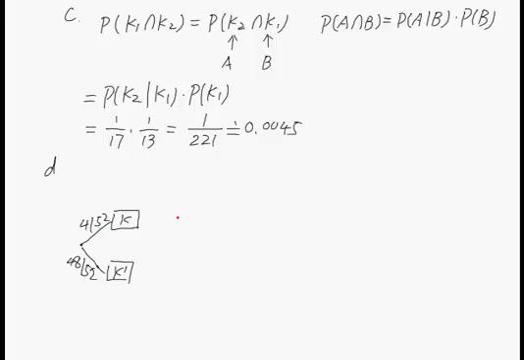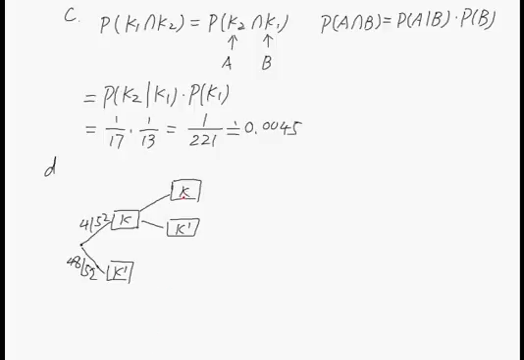Then, based on the result in the first stage, we look at the result of the second draw. So if the fourth card is king, then we may also have two results for the second draw. Either the second draw is a king, or the second draw is not a king, so it's K prime.